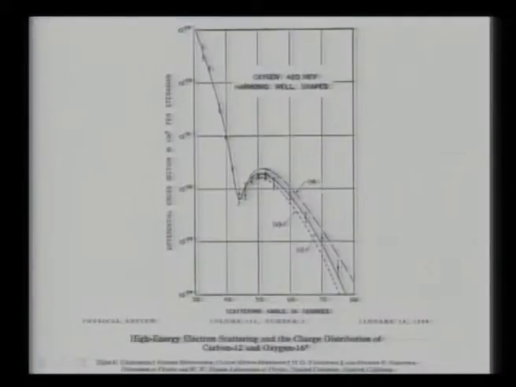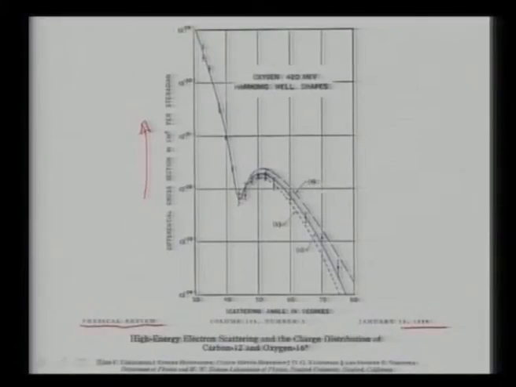All right. So here, this is taken from a Physical Review paper, Physical Review, January 15, 1959, high energy electron scattering and charge distribution of carbon 12 and oxygen 16. So look at this curve. On the y axis, it is a differential cross section in centimeters squared per steradian.